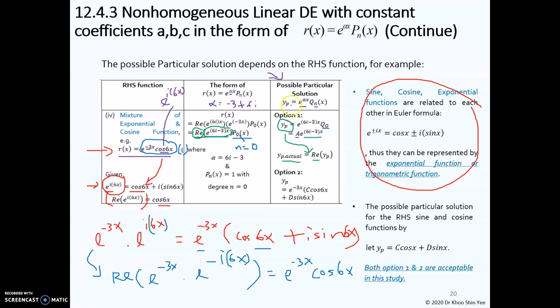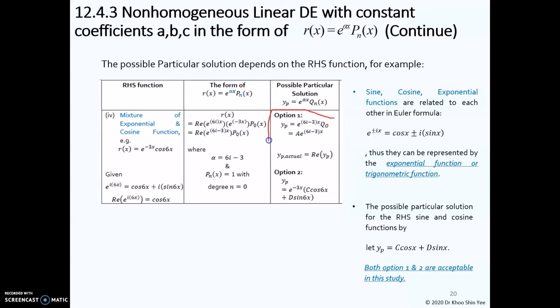Therefore, the alpha for the particular solution is in this format. You need to multiply it with a constant A, because the polynomial function here is a constant 1. This is not a complete solution yet, so after you obtain the yp solution in this format, you need to consider that the cosine is the real part of the exponential. Therefore, you need to proceed to find the solution in the real part. So this is the first option to propose the particular solution.